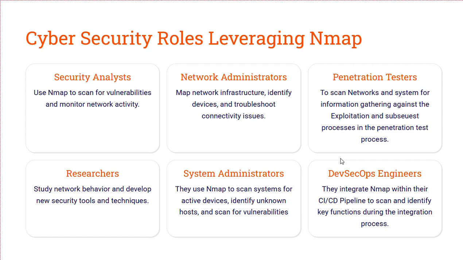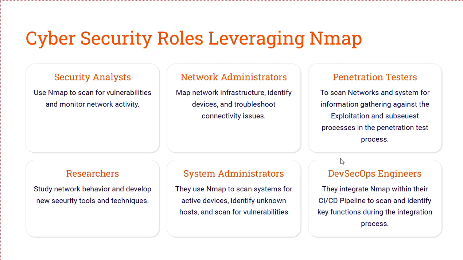So we have network administrators. They use Nmap to map their network infrastructure. I mentioned something about you using Nmap to get a map of your network, like a topology. What topology are you using? The star. You can actually use Nmap to be able to figure that out.